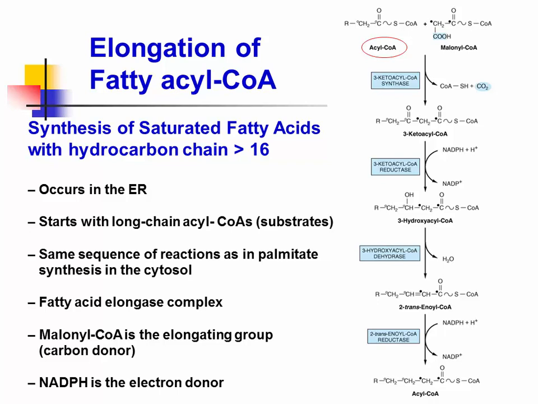The elongation starts with long-chain acyl-CoA as the substrate, and the sum of the reactions is similar or the same as for palmitate synthesis, as in the fatty acid synthesis cycles. The enzyme for this elongation is the so-called fatty acid elongase complex.